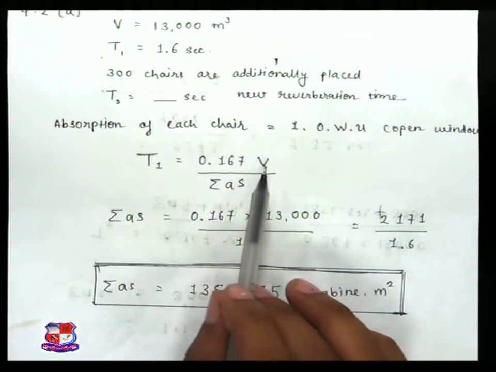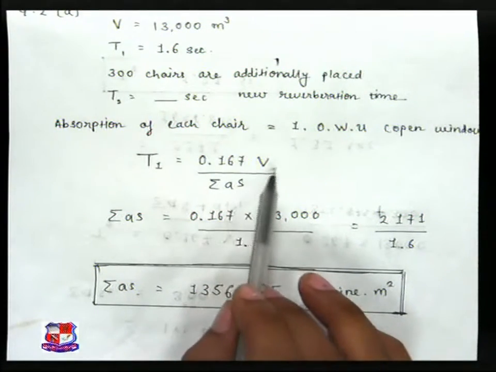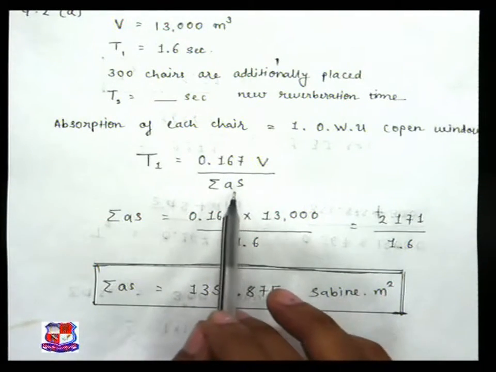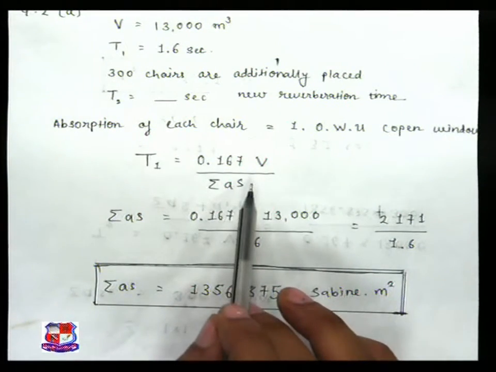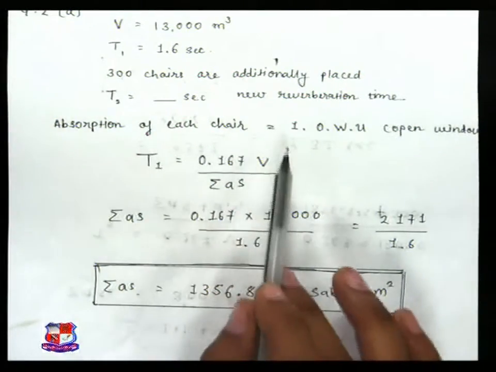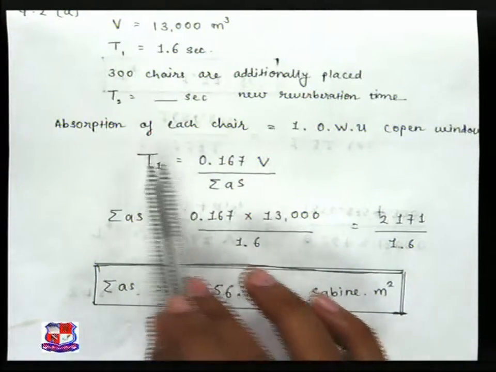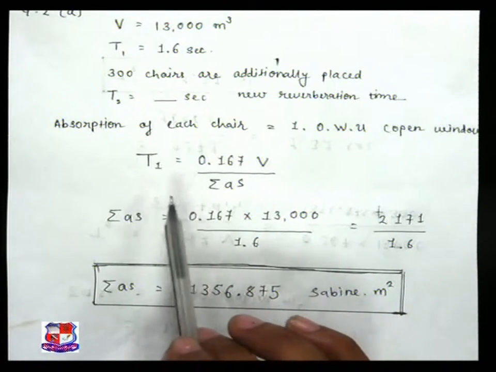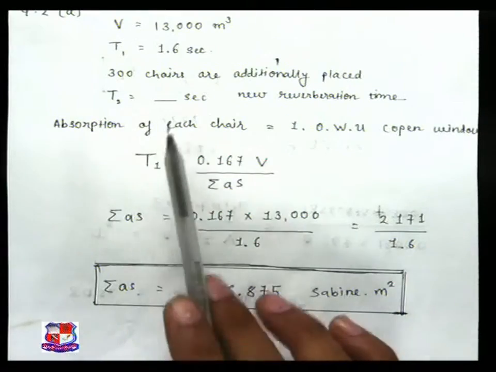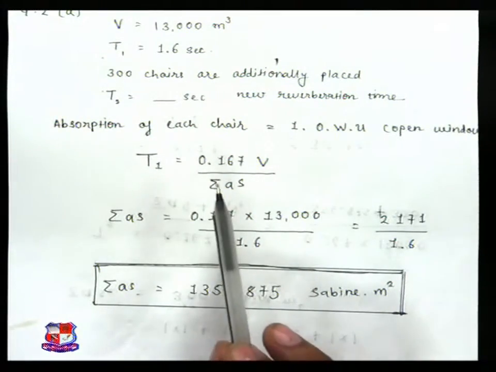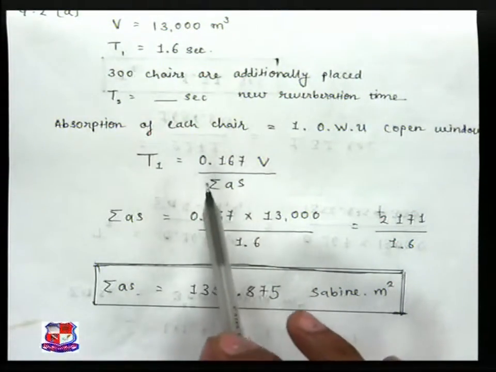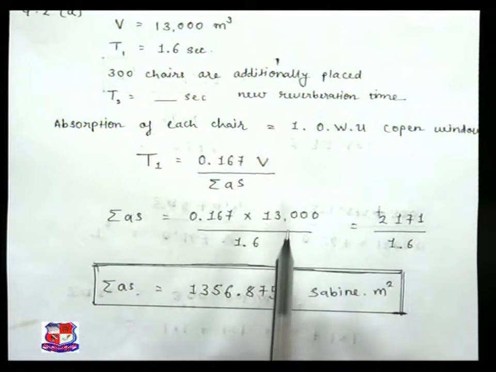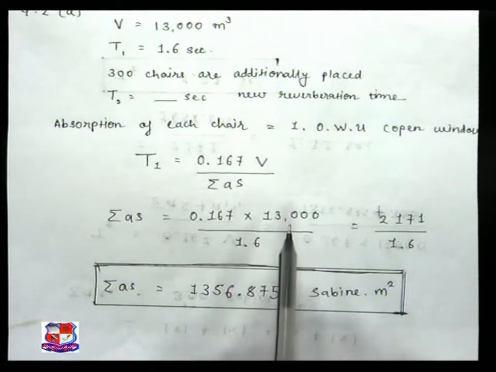0.167 multiplied by V, the volume of the hall, upon summation of AS, the total absorption. So this is the equation which you should write when it is asked for reverberation time. Now T1 is given, that is 1.6 second, and summation of AS, the total absorption, is not given. V, the volume of the hall, is 13,000 meter cube.